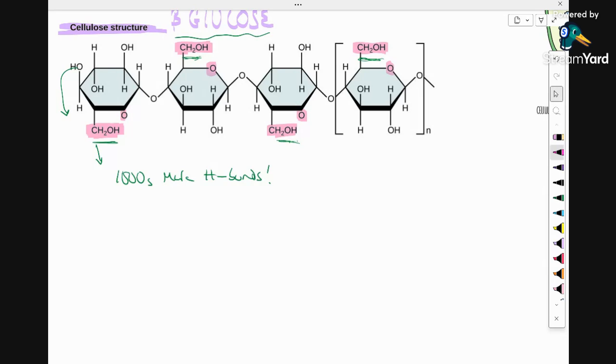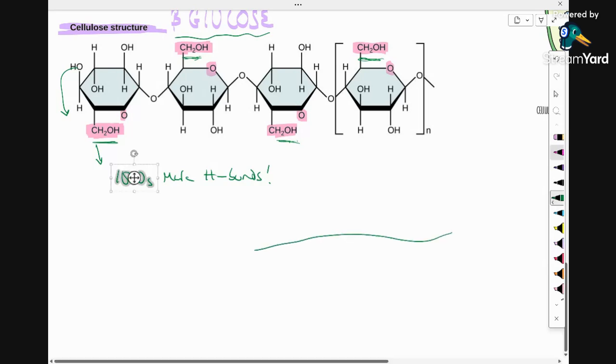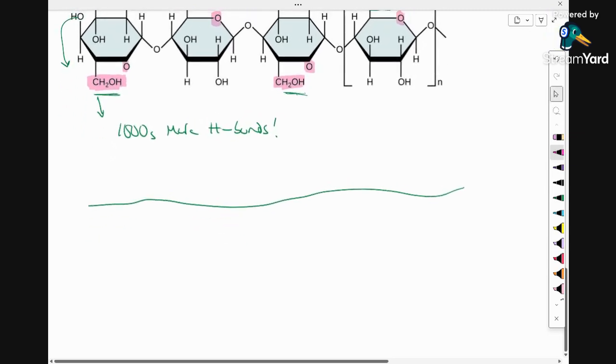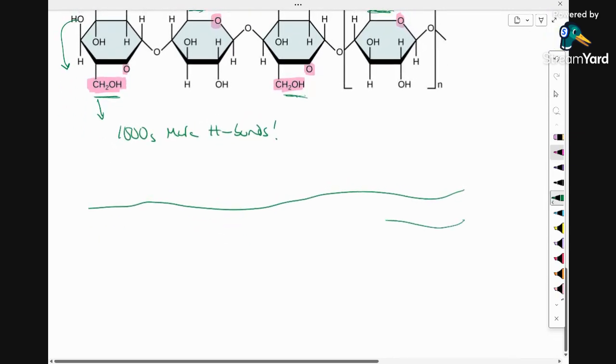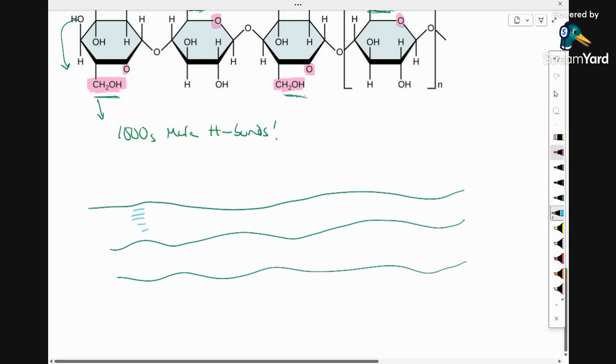In other words, we've got one cellulose fiber here, another one here, another one here. They can sit on top of each other and hydrogen bond between the layers. And you can have thousands of these because of the 180 degree flipping of beta glucose molecules, every other one.